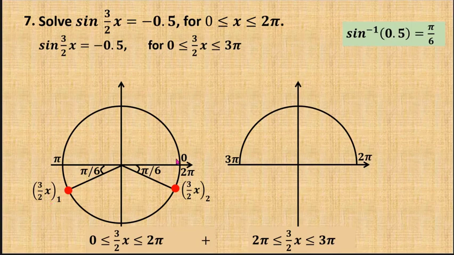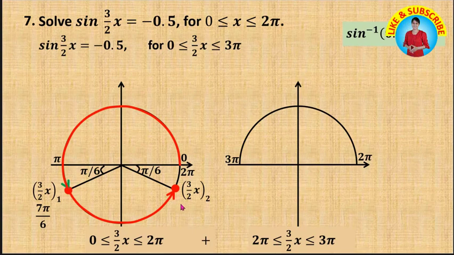The first angle starts from 0 until 3 over 2 x1 in the direction of anti-clockwise. This value can be obtained by using pi plus pi over 6, which is equal to 7 pi over 6. The second angle also starts from 0 in the direction of anti-clockwise. This value can be obtained by using 2 pi minus pi over 6, which is equal to 11 pi over 6.